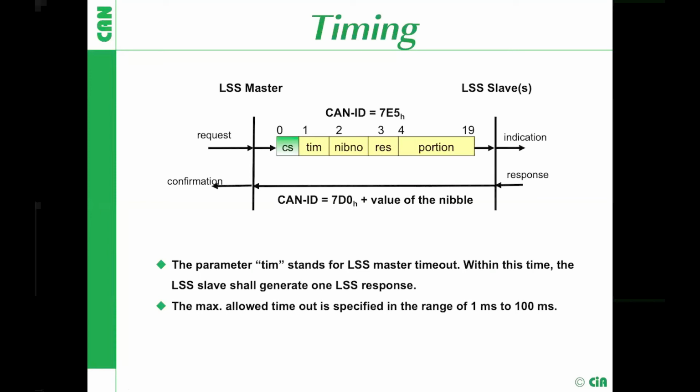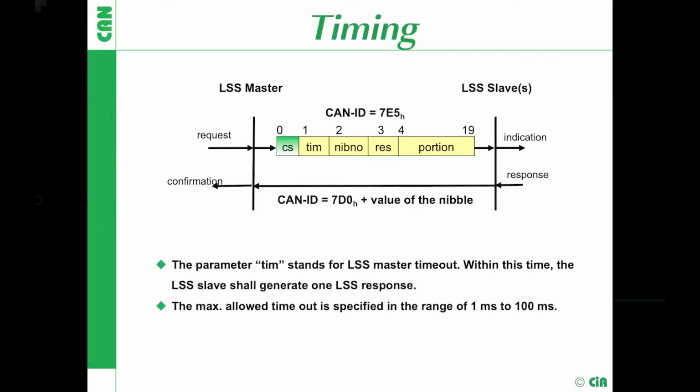First test implementations have shown that if LS slave and LS master are capable of real-time behavior below 10 milliseconds, that means the LS slave replies to the LS master requests in less than 10 milliseconds.